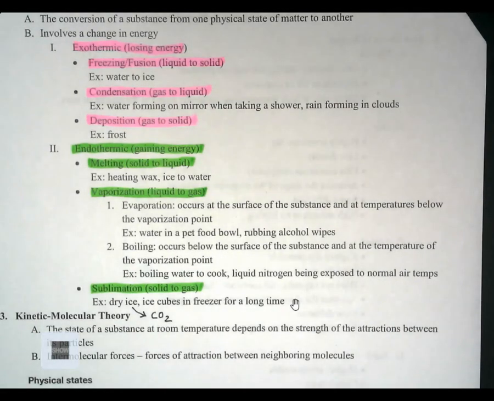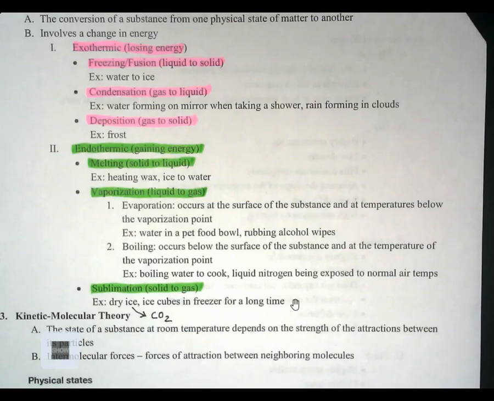Endo is like enter. So if something is endothermic, energy is entering into it. Right? Now, is everybody good on that? Okay. Now, here's where it can be a little harder. You have to think of what's happening to remember which one it is.